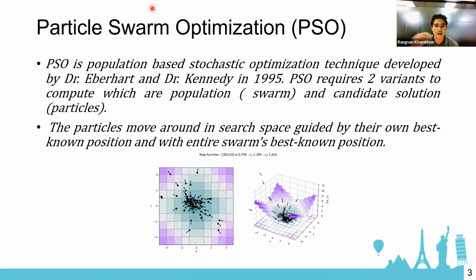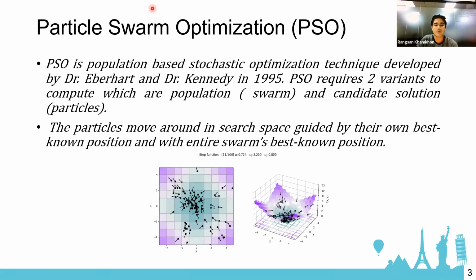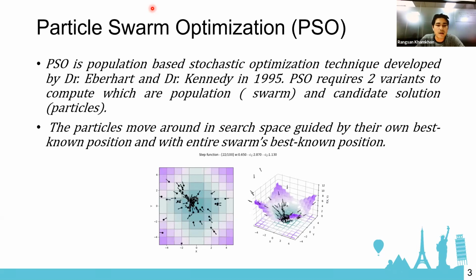In this case, the green area is the most distribution of the population area. They will know that if the particles come here, most of the particles come from here.